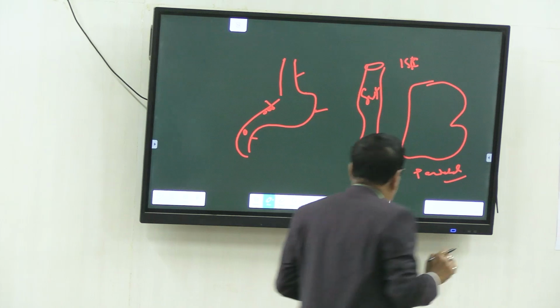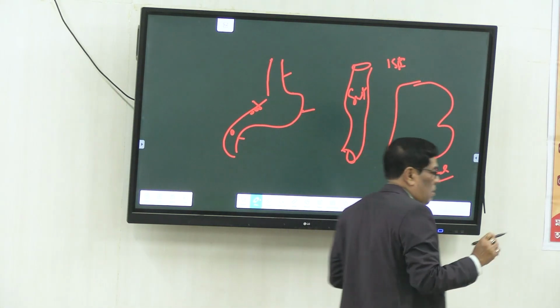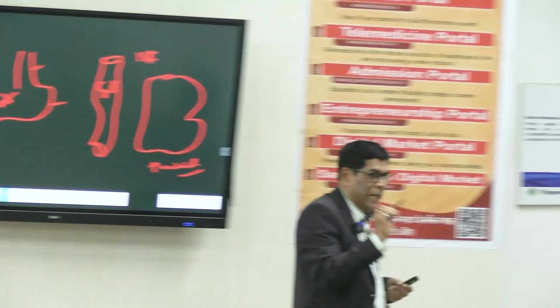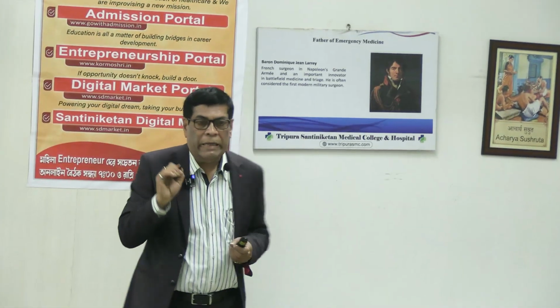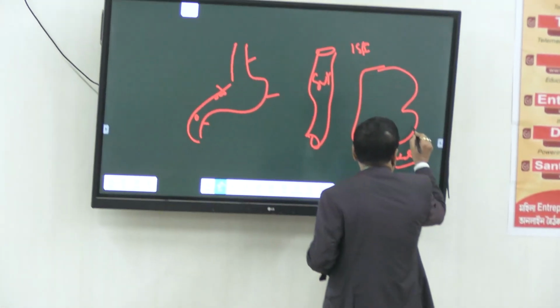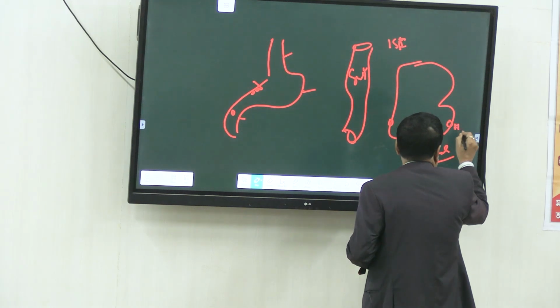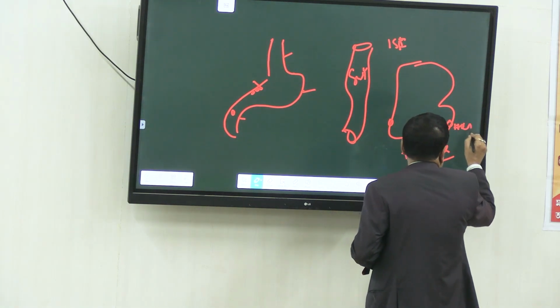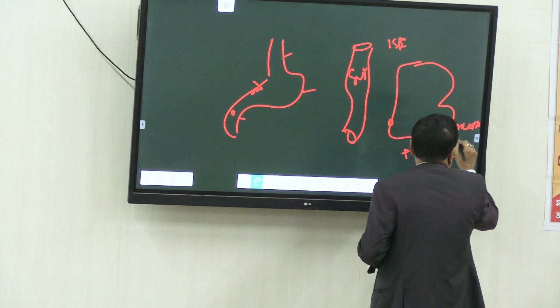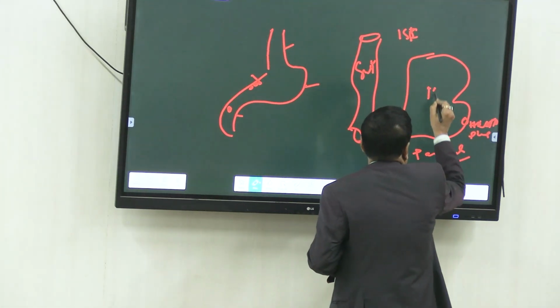Alright? So this parietal cell has the fundamental mechanism to secrete HCl. How does it occur? There are some pumps, the hydrogen-potassium ATPase pump. You know this is a cell.